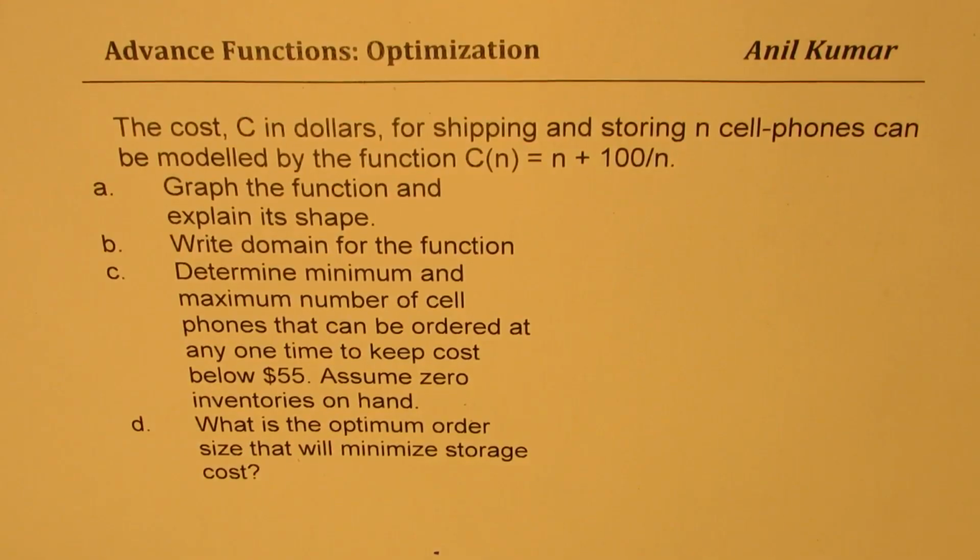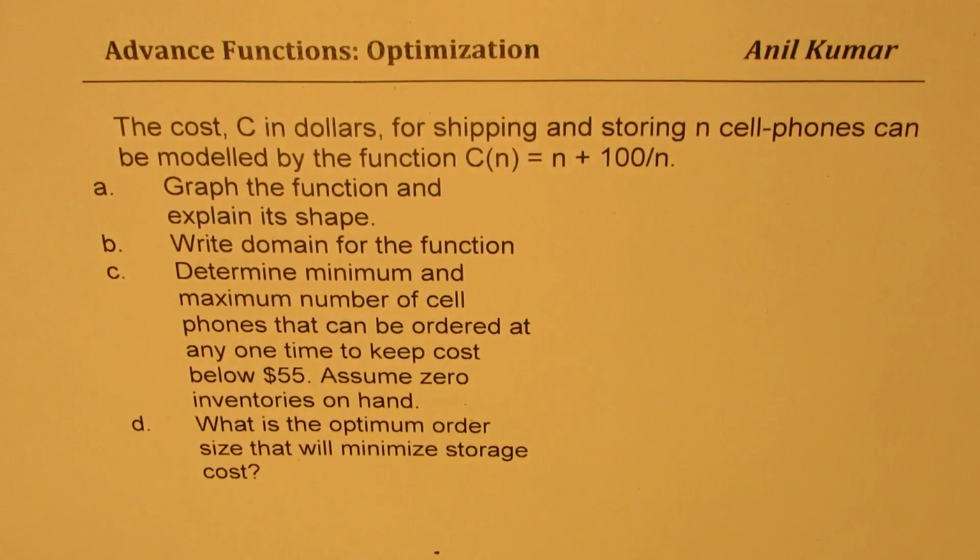Here is an application question for you. The cost C in dollars for shipping and storing n cell phones can be modeled by the function C of n equals n plus 100 over n. Graph the function and explain its shape. Write domain for the function.